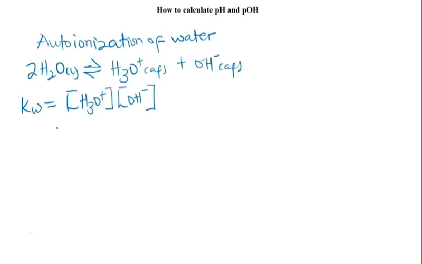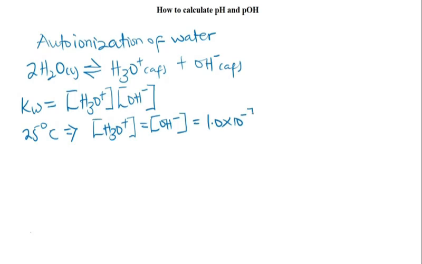Now at room temperature, which is 25 degrees Celsius, the concentration of the hydronium ion in solution is equivalent to the concentration of the hydroxide ion in solution, which is equal to 1.0 times 10 raised to the power minus 7 mole per dm cube.